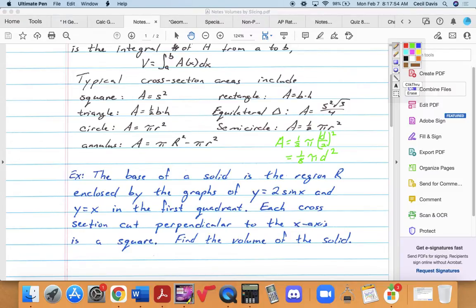And then the last one, an annulus. This is something you probably haven't thought of before. We did some things like this in honors geometry. This is an annulus. The annulus is all this stuff out here.